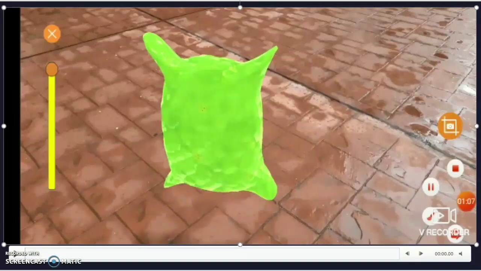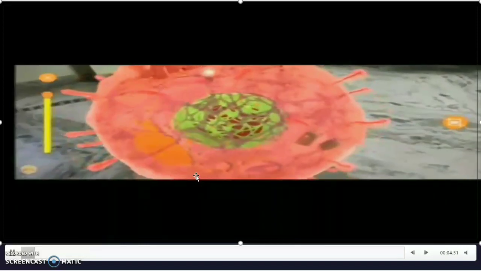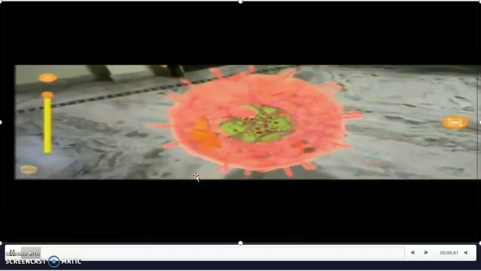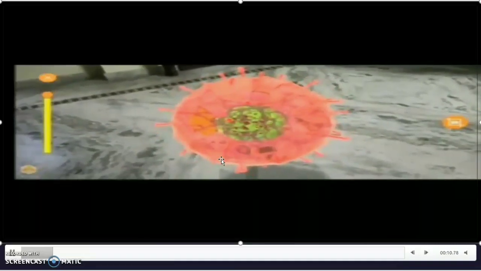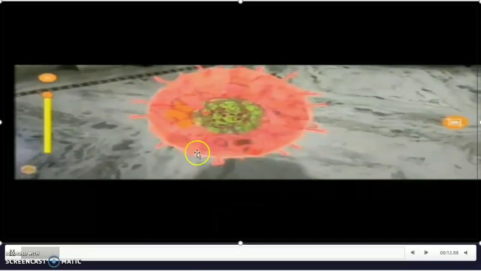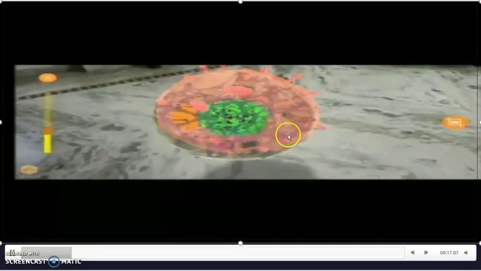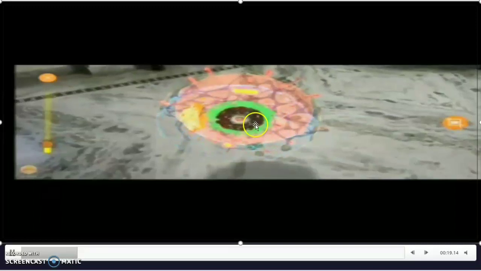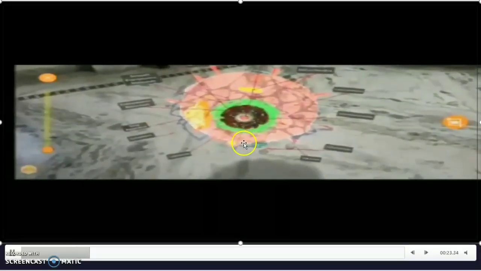Now observe the animal cell. This is the animal cell. When compared to plant cell, the outer membrane is very thin. Observe the inner parts or organelles present in animal cell.